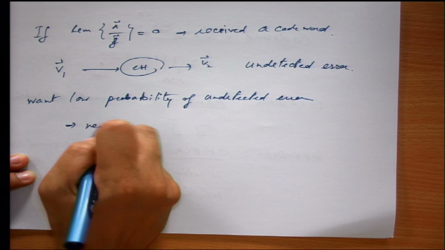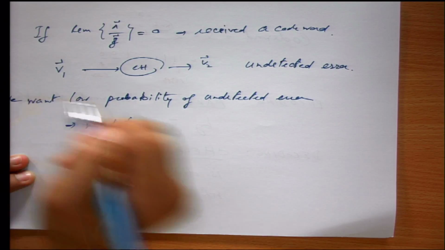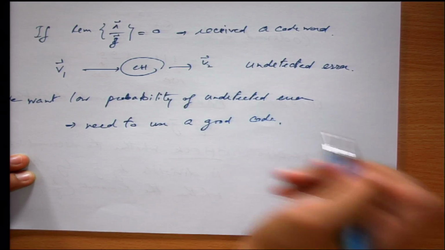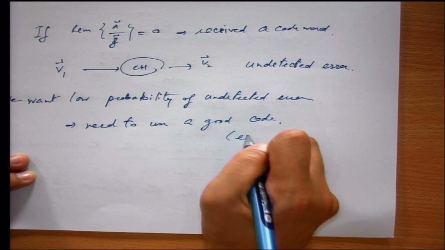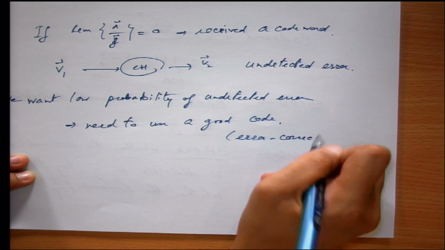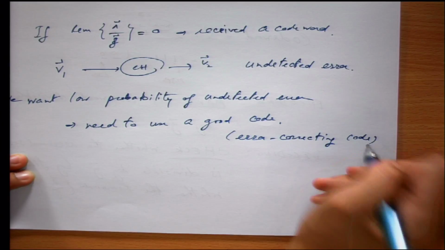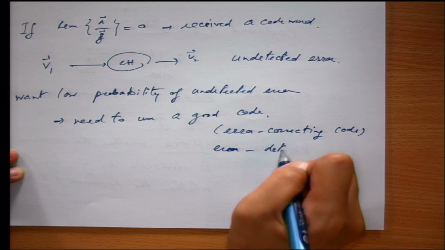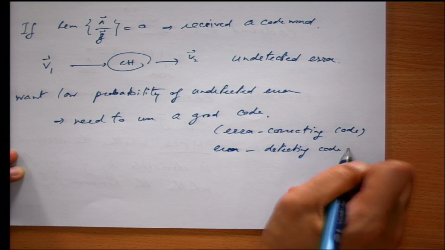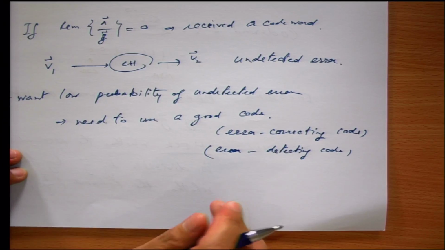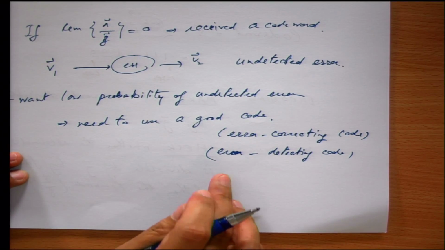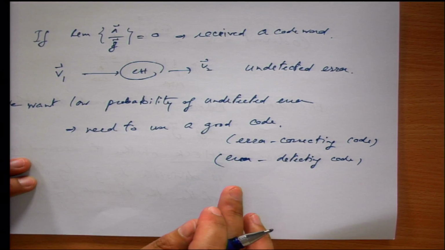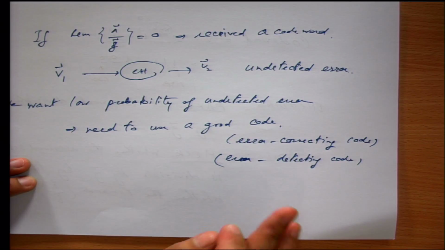So we need to use a good code, a good error correcting code or error detecting code, okay. If you only want to not be fooled, you use a good error detecting code. But if you want to also be able to correct the error, then you want a good error correcting code.